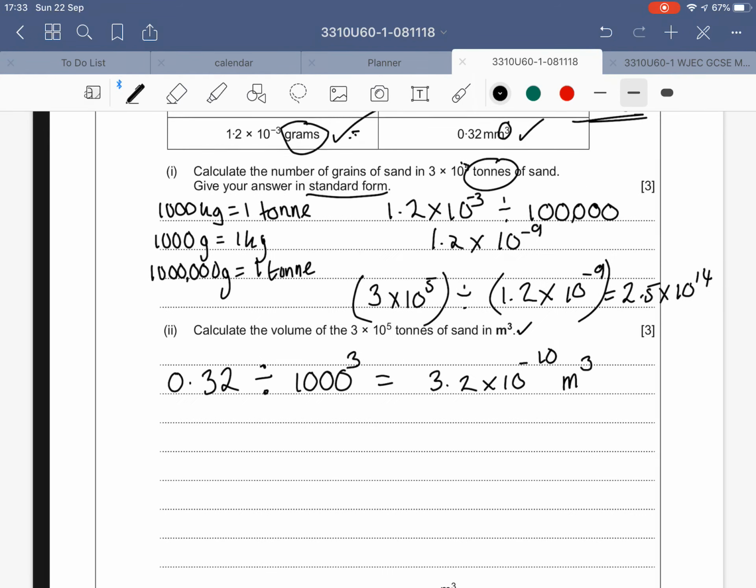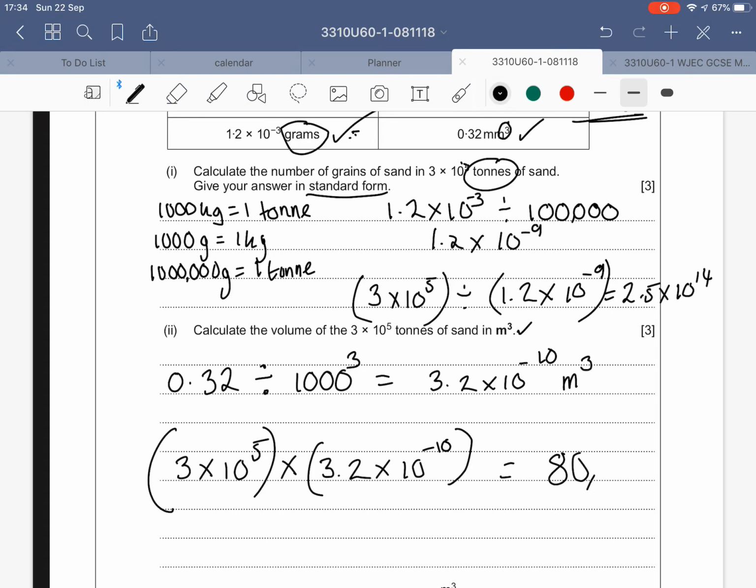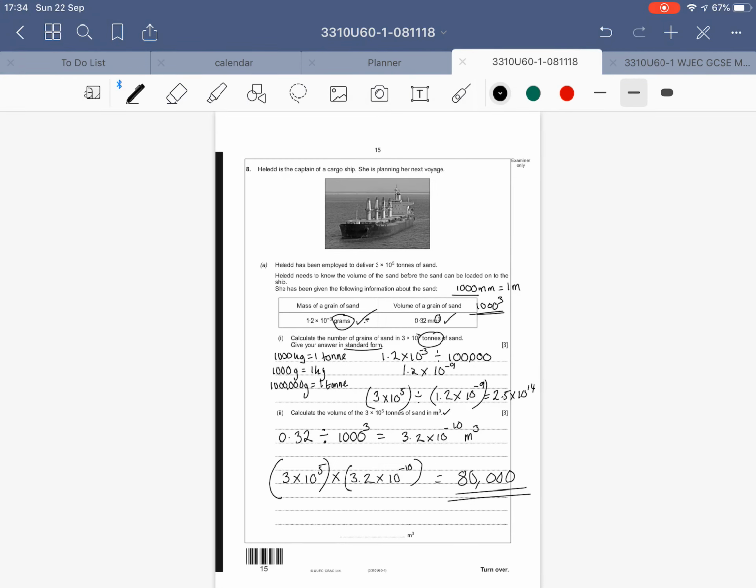So if each grain of sand is that, and we've got 3 times 10 to the power of 5 tons of it, you just want to times those two. So 3 times 10 to the power of 5, each one is 3.2 times 10 to the minus 10. Again, just bracket those, and you get 80,000. It's not given in standard form and doesn't ask for it in standard form, so you can leave it as an ordinary number.